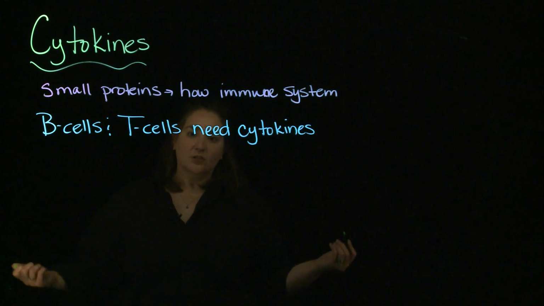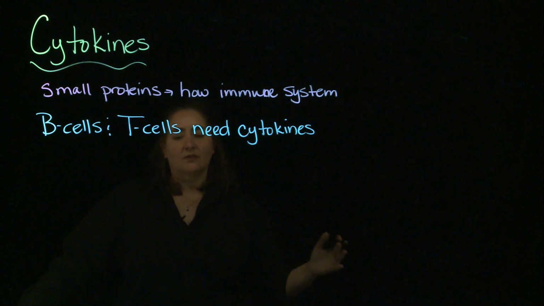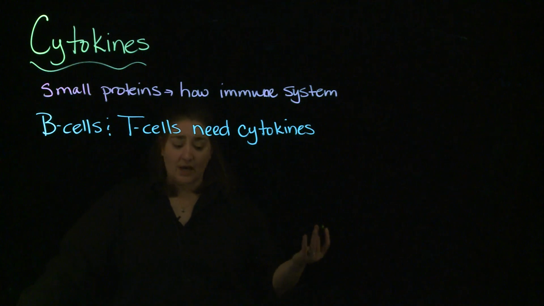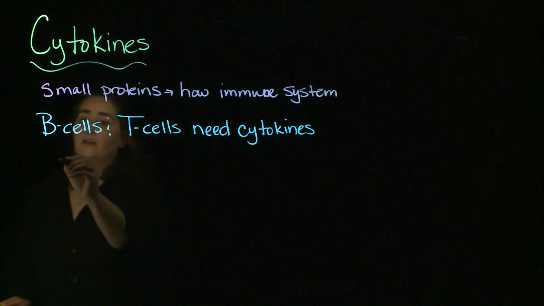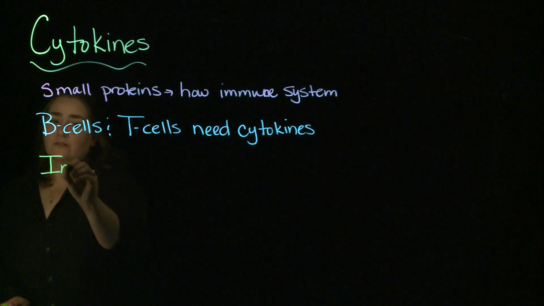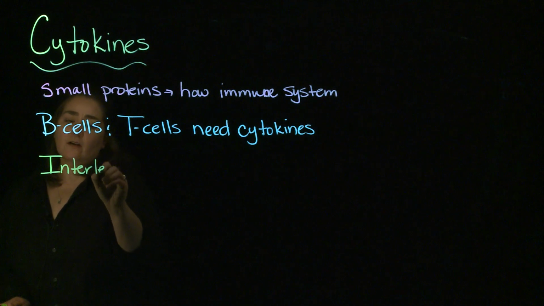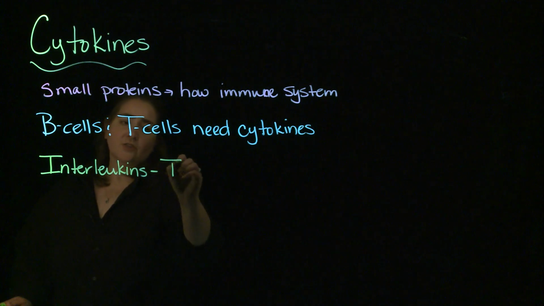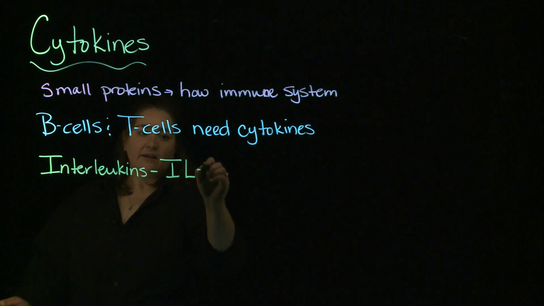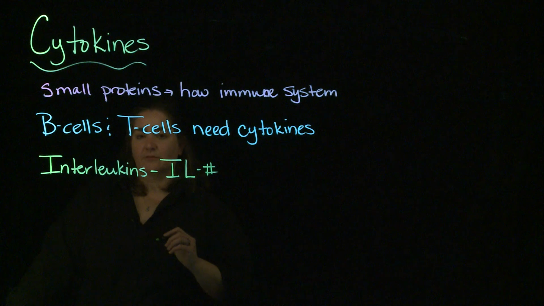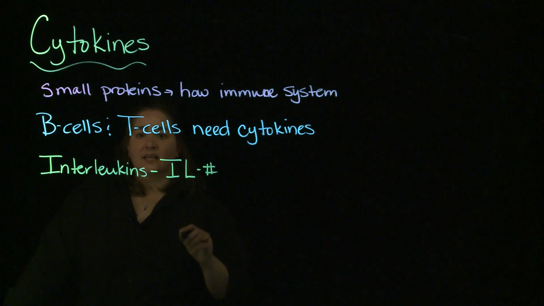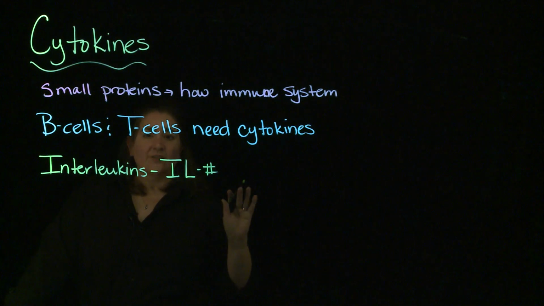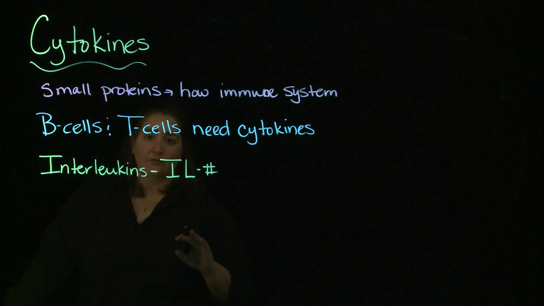Cytokines are really a broad category and cover a lot of different molecules. One of the main ones are the interleukins, usually abbreviated as IL with a number after it. There are lots and lots of different interleukins. I only want you to know a couple of them as far as their function in the immune system for this class.